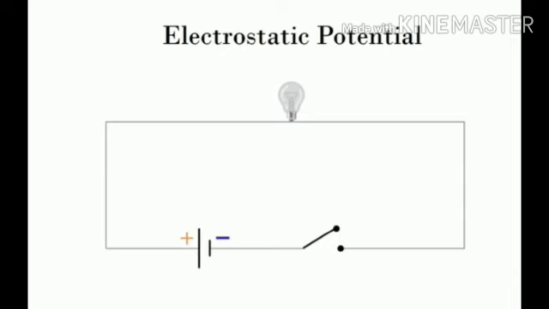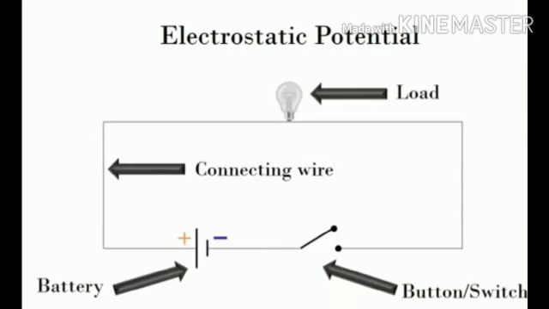Now students, see the electrical circuit. Here we have a bulb which is a load, and connecting wire which we require for an electrical circuit. Here we have a switch for switching on and off. For the flowing of charge we require force, which is given by this battery. As you see here, the switch is open.